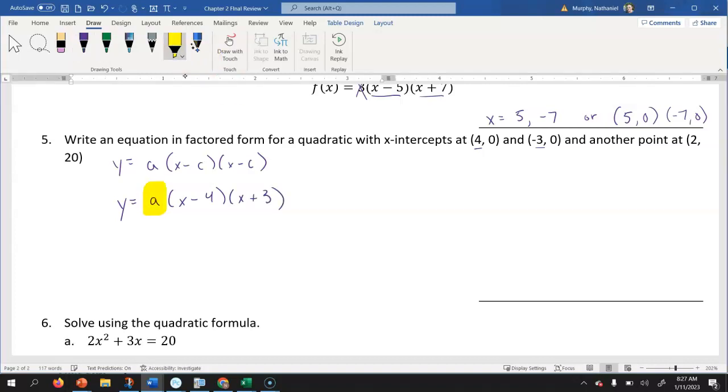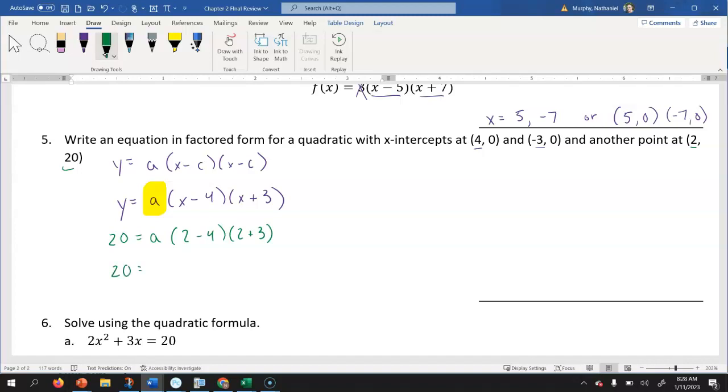Now, just like we did on the first problem, we have to find out what a is next. We're going to use that coordinate that they give us, where x is 2 and y is 20. So I would say 20 equals a times (2 minus 4) times (2 plus 3).